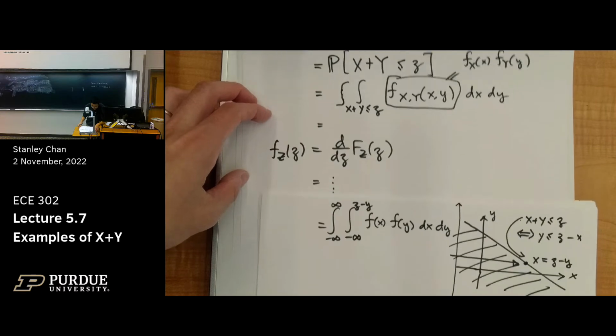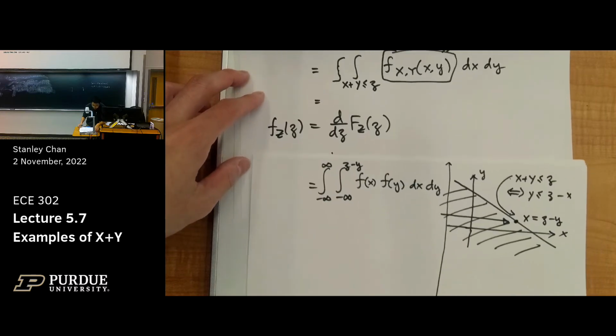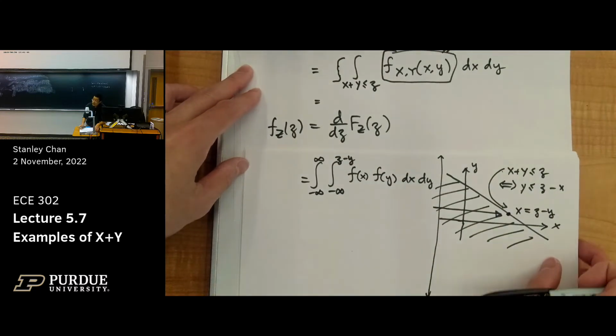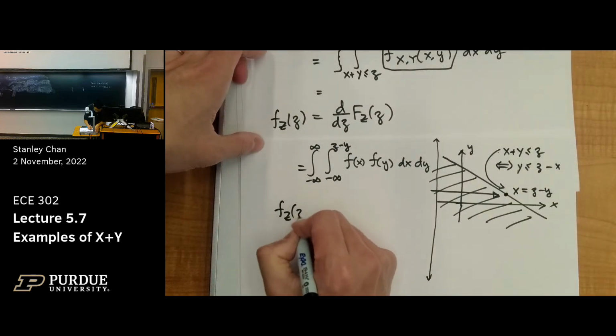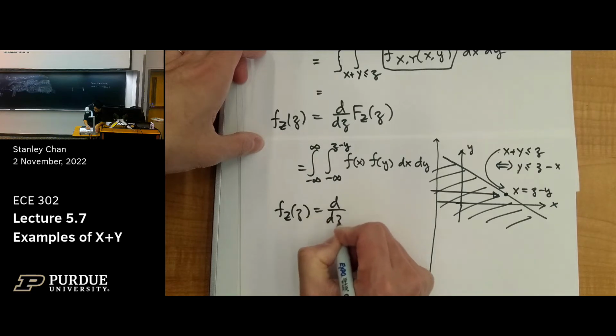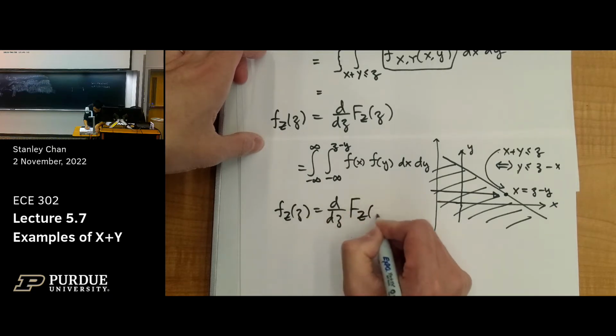Okay, so now let's continue with the story here. I want to find the PDF of Z. So the PDF of Z is the derivative d dz of your FZ of z.